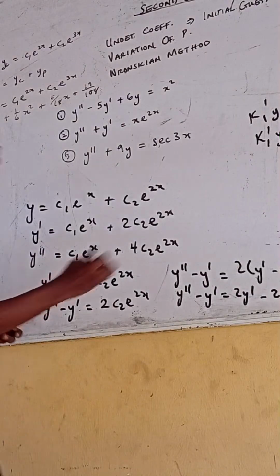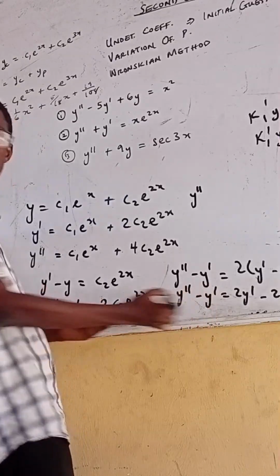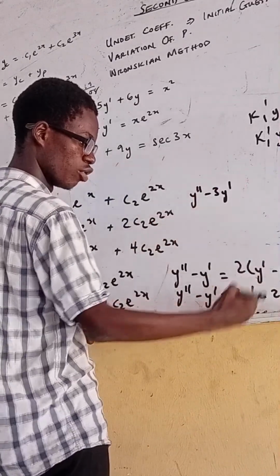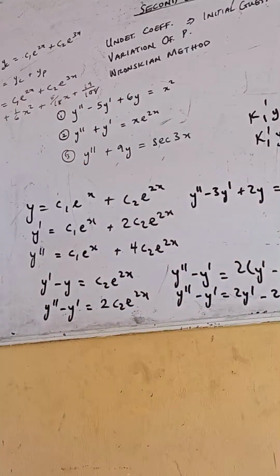Bring together y double prime. If this one comes to the other side, it becomes minus, so that would be minus 3. If this one comes here, so this is the ODE. So they give us a question, how to form it. You can use D, yeah, you can use the operator.